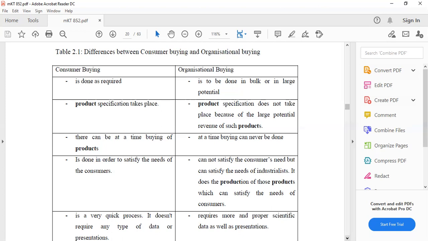Then we say that purchases are made by consumers to meet their needs. That is, individual or household makes purchases to meet their needs. Whereas in industrial buying, we are not satisfying only the consumers, we are also satisfying the establishment.